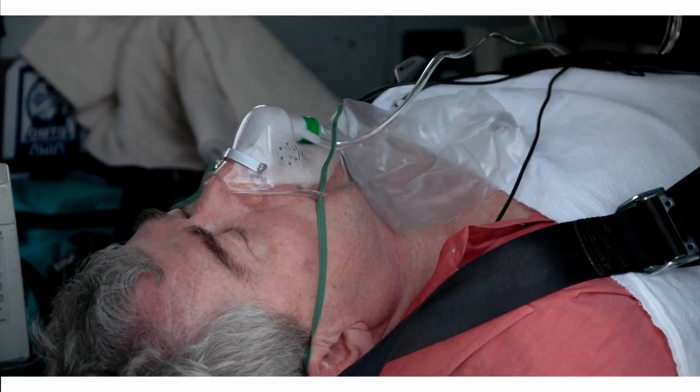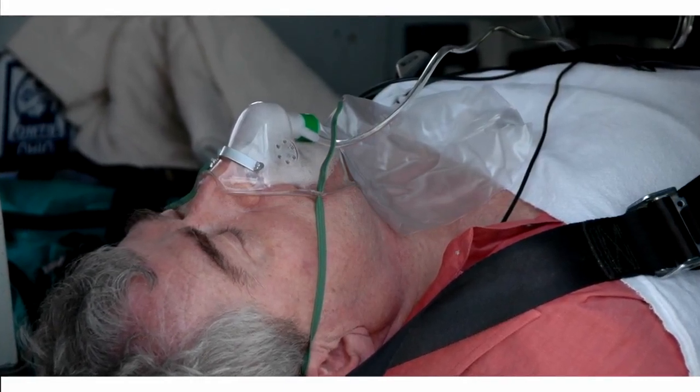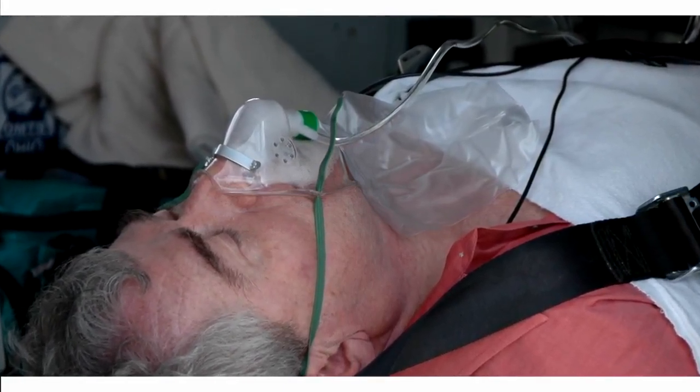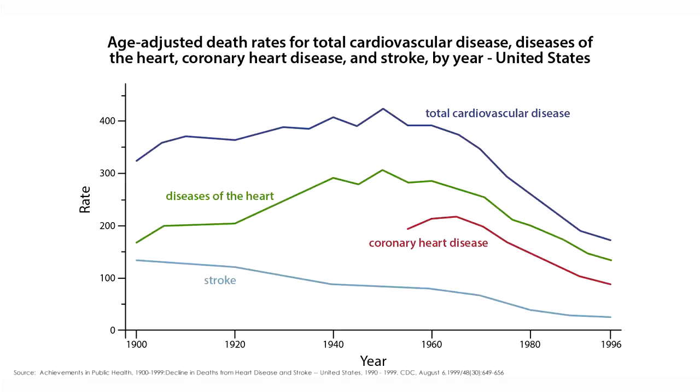When we look at what the trends in cardiovascular disease death rates are across the world, then we see that in high-income countries, for example, the United States, cardiovascular disease death rates are declining over the last 20 or 30 years.